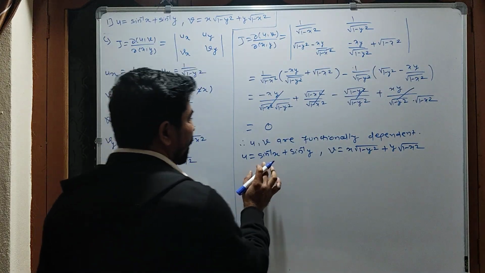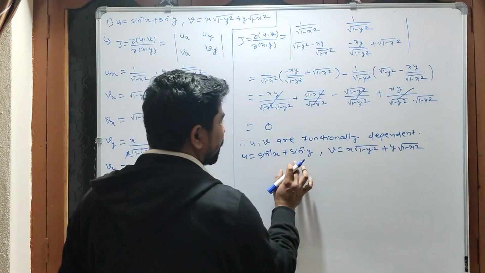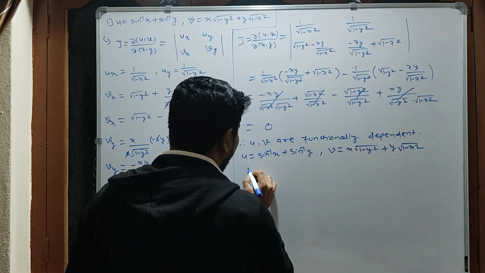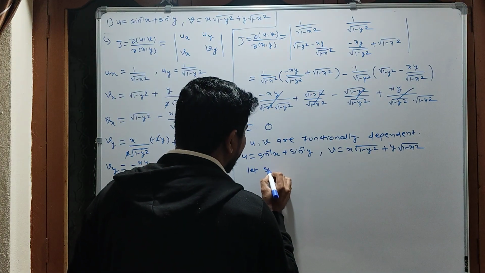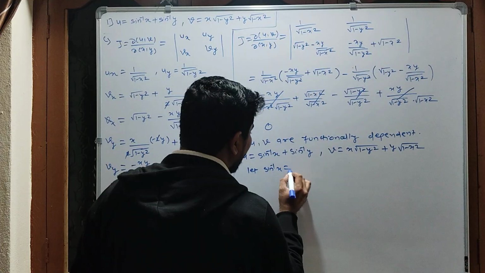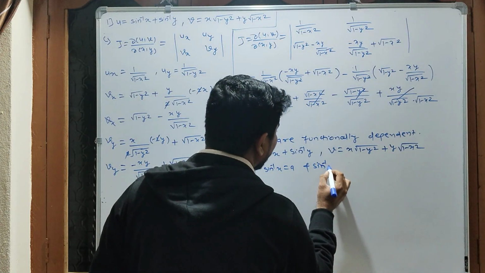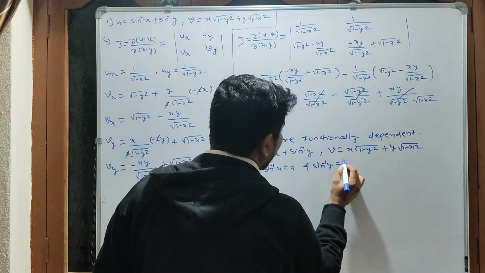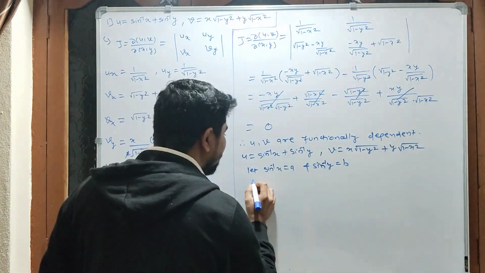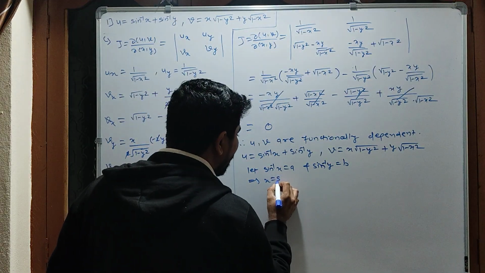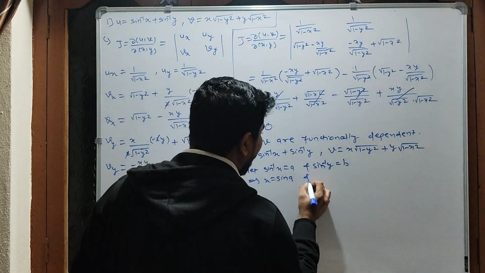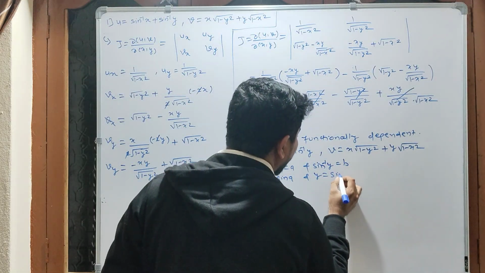Now here u equal to sin inverse x plus sin inverse y. Let sin inverse x equal to a and sin inverse y equal to b. This implies that x equal to sin a and y equal to sin b.